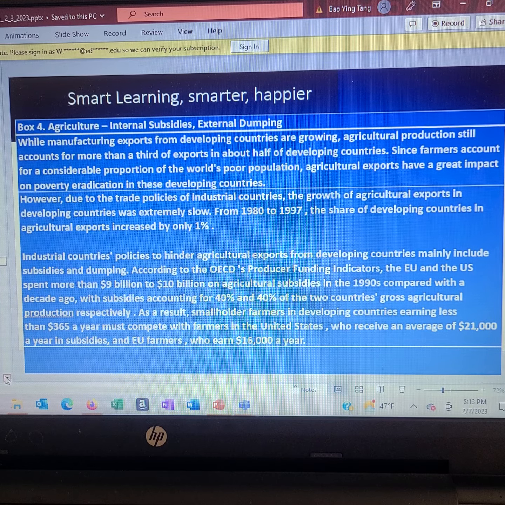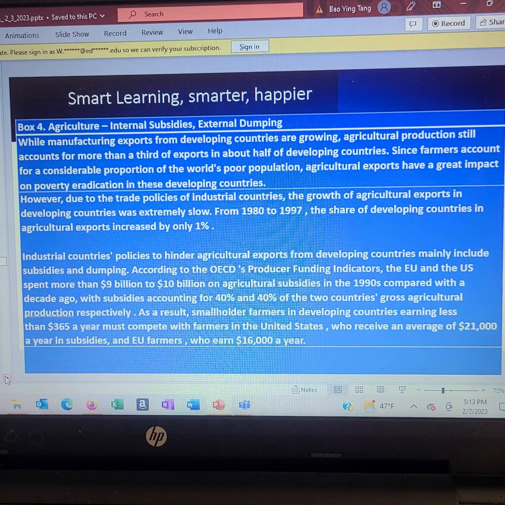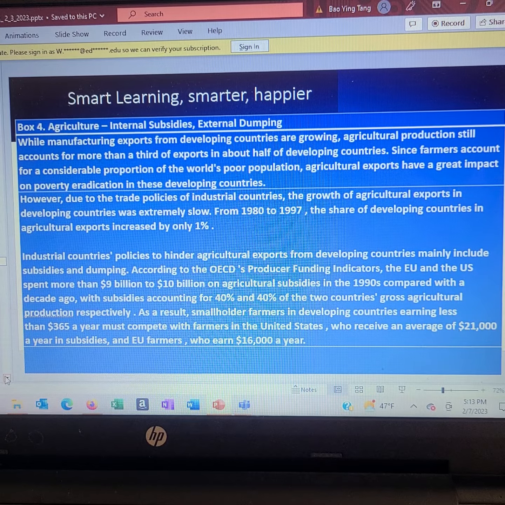As a result, smallholder farmers in developing countries earning less than $365 a year must compete with farmers in the United States who receive an average of $21,000 a year in subsidies, and EU farmers who earn $16,000 a year.